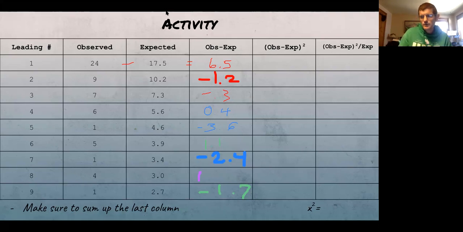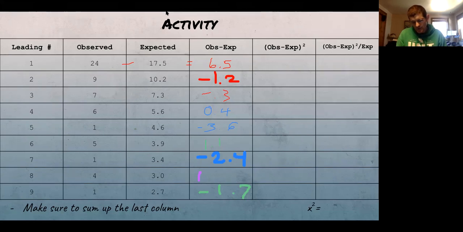Now we want to square that value. Just like with our standard deviation, we want all these to be positive values first of all, and the squaring has some mathematical reasons later on, not for us, but at least with standard deviation there's a reason for squaring it rather than doing something else.